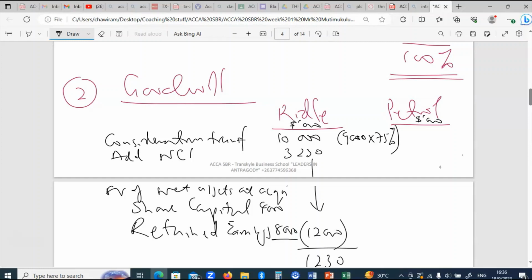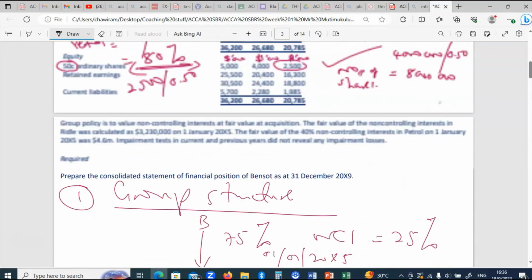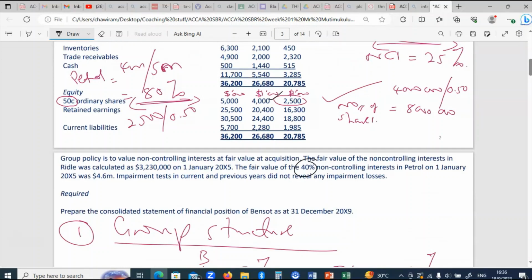So 75% of 9 million gives us 6,750. And then the NCI, its acquisition was how much according to the statement? Okay, the fair value of the 40% NCI was actually 4.6 million.